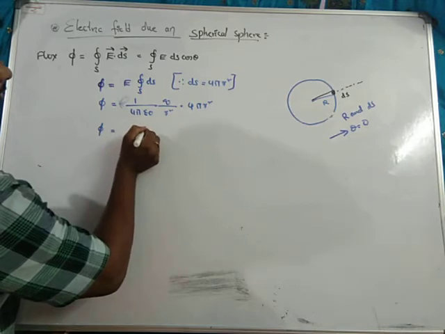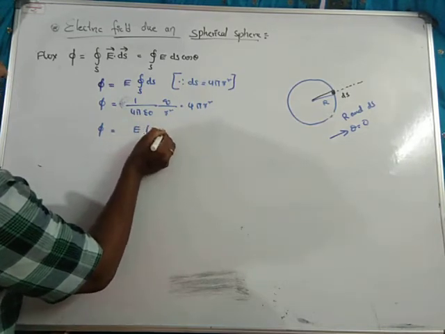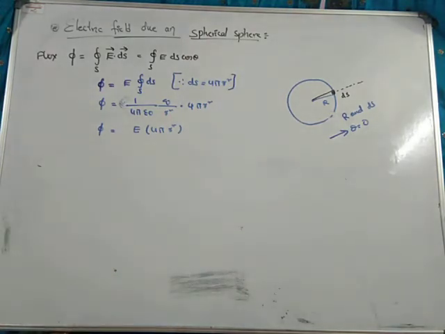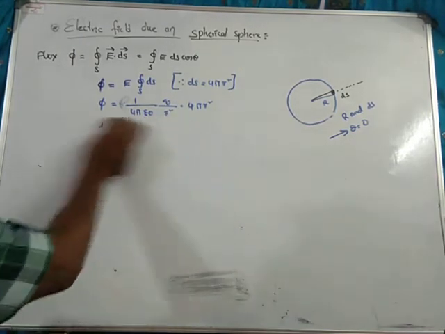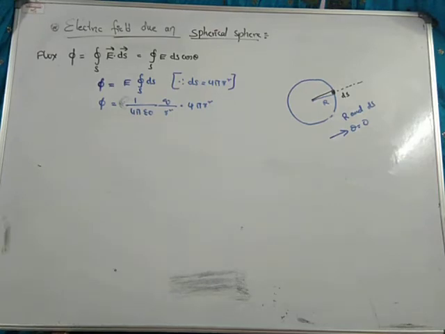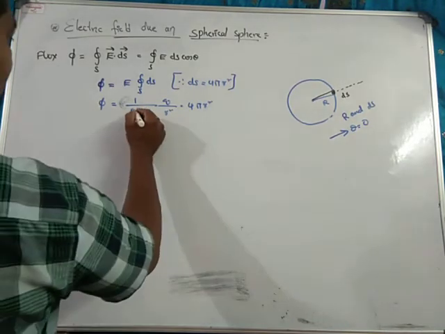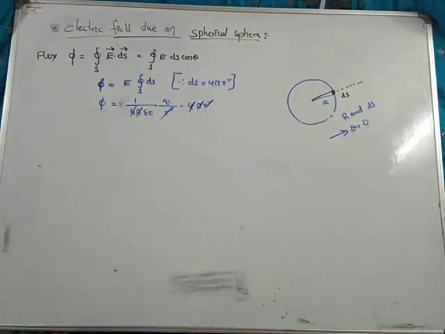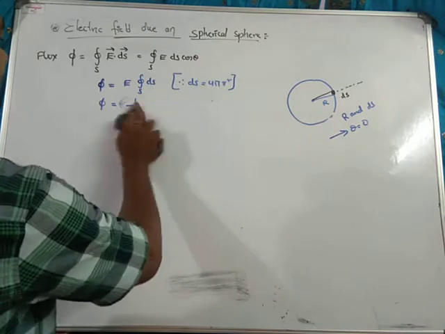So E into 4 pi r square. This is the expression. We get 4 pi r square will be cancelled. Just wait a minute. Sorry, just don't consider this term.